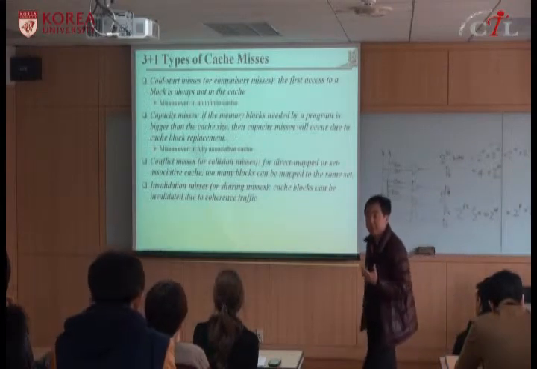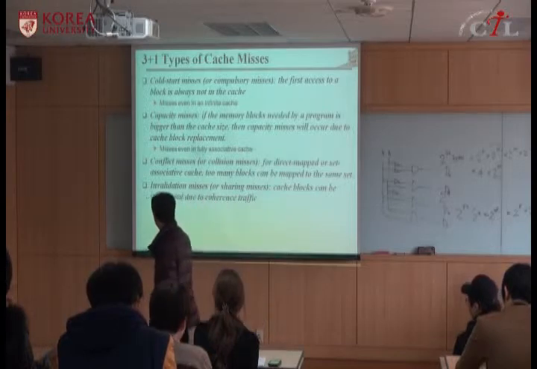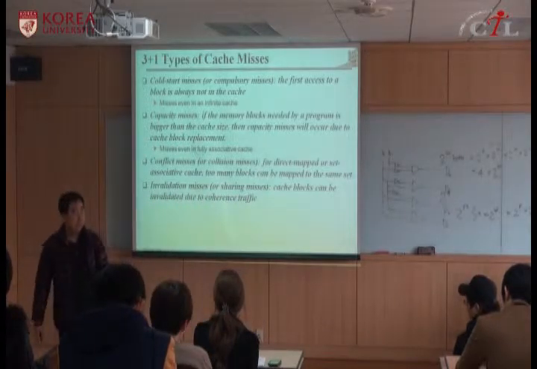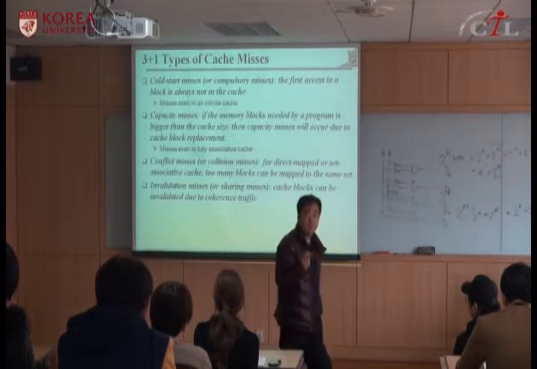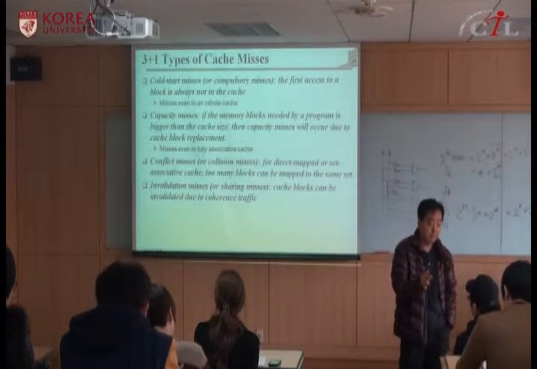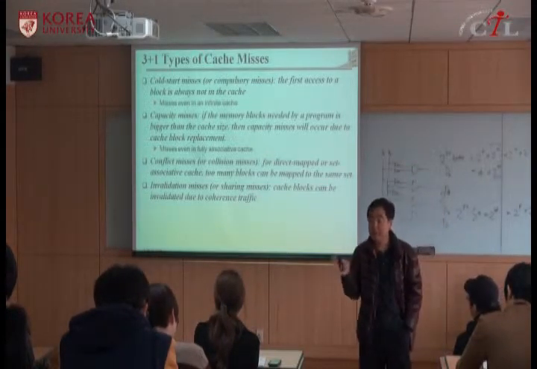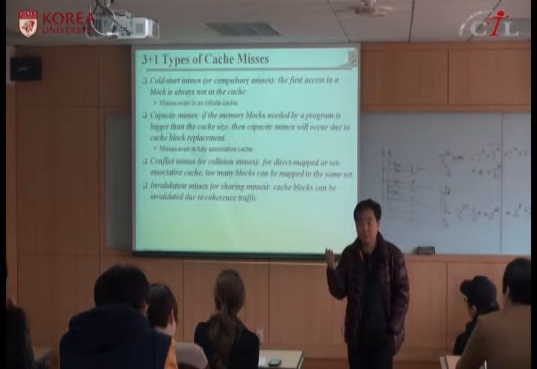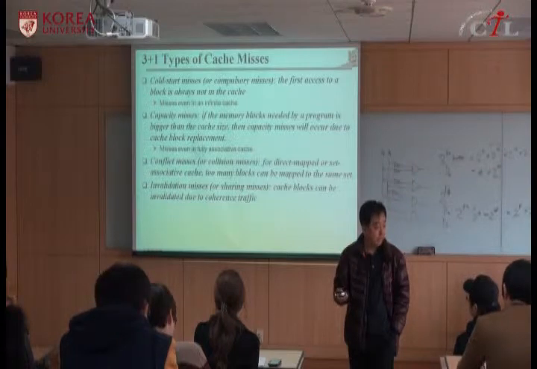And there is another miss called invalidation miss. If you look at the cache block, there is a valid bit for each block that determines whether this block is a valid block or an invalid block. Initially, cache blocks are all empty, so the valid bit should be set to 0. It means invalid, it means empty. Right?